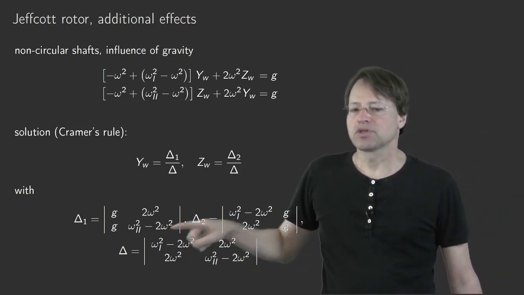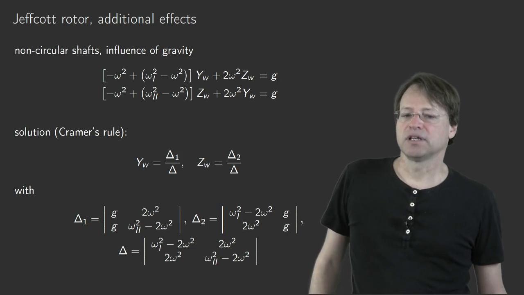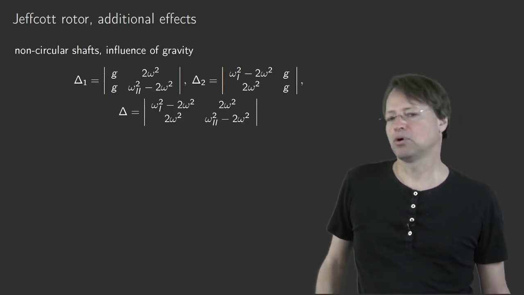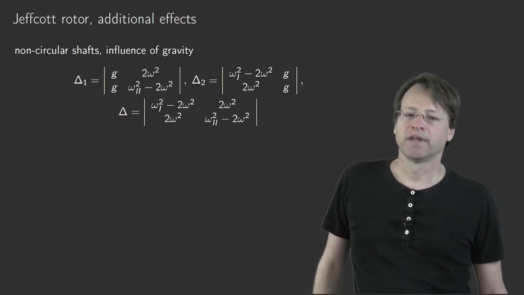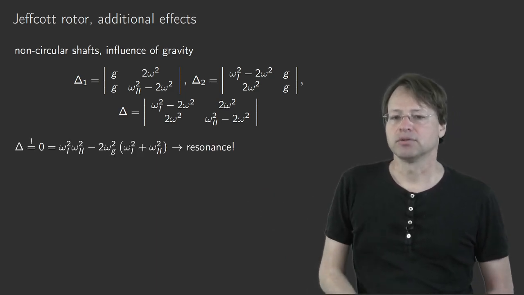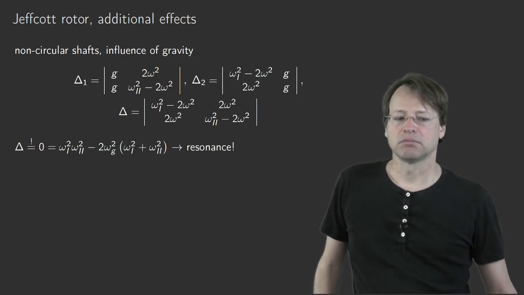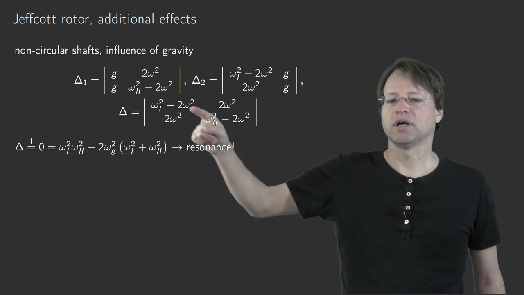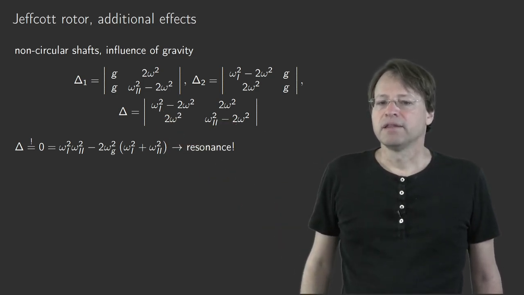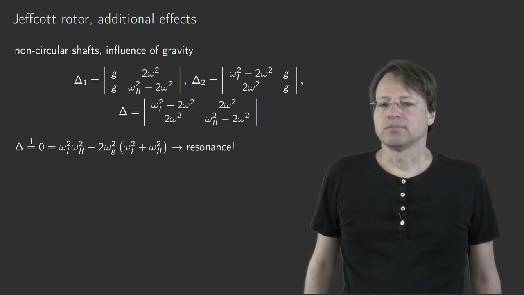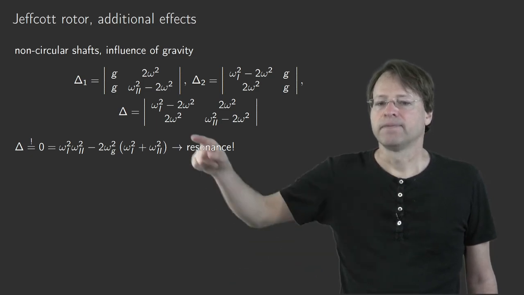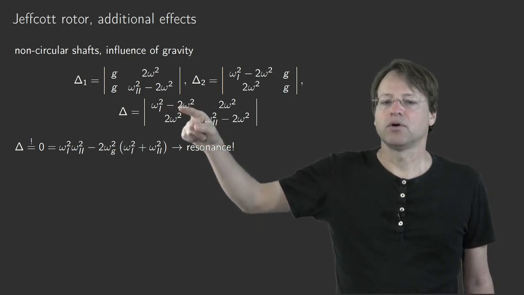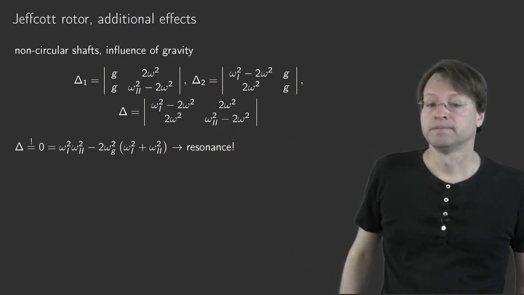So now let's have a closer look at that determinant delta, and let's try to compute the values for which that determinant vanishes, possible candidates for critical speeds. Taking the determinant is, of course, quite simple. You just take the products. The first product will be omega 1 squared times omega 2 squared. Then we have the terms in omega squared, which are minus 2 omega squared multiplied by omega 1 squared plus omega 2 squared.